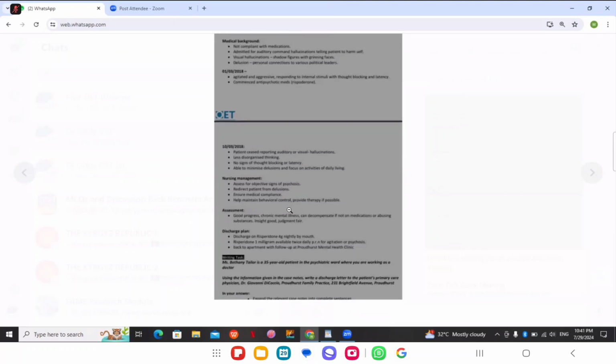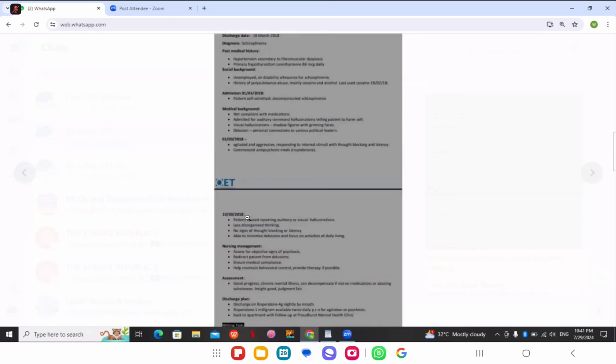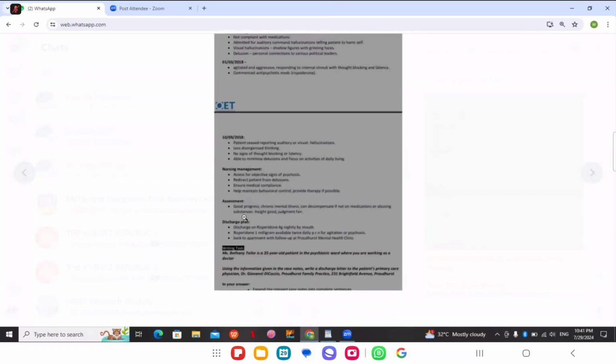Now, after this, if you see, the assessment is given over here that there was good progress. Chronic mental illness can decompensate if not on medication or abusing substances again. Insight is good, judgment is fair. I have seen all of these things on this particular day, 10/03/2018, which is today's date.